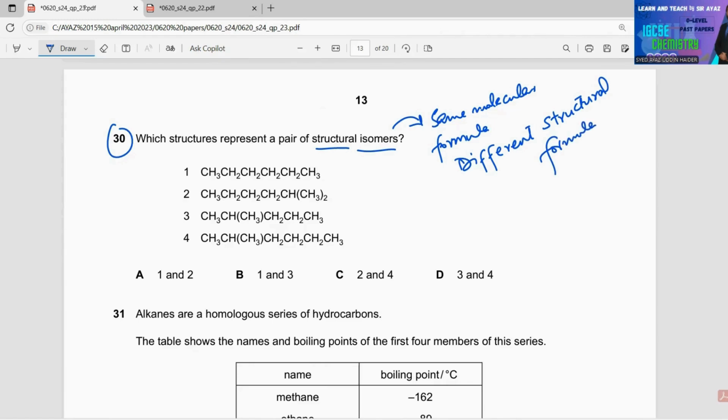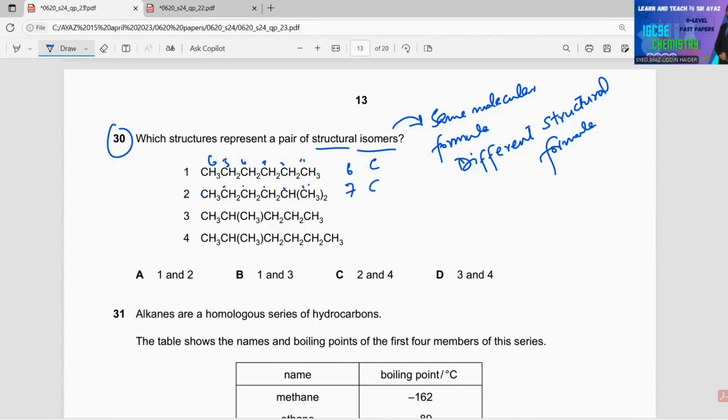So in 1, we have CH3, CH2, CH2, CH2. If you count the carbon atoms here, we have 1, 2, 3, 4, 5, 6. In 2, we have 1, 2, 3, 4, 5, 6, 7. We have 6 carbons here and we have a 7 carbon molecule here.